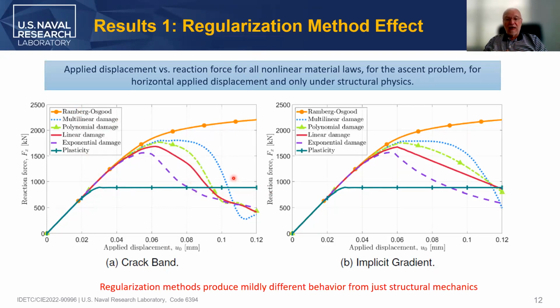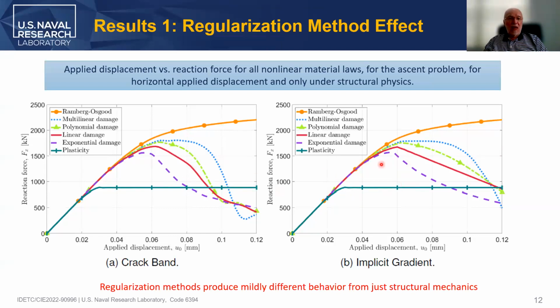As you can see, these regularization techniques do have an effect on the damage lines, but it's not really crazy. It seems that you can select one or the other for this case and still be able to design with some safety factor and account for the small variation that you see between the two methods.